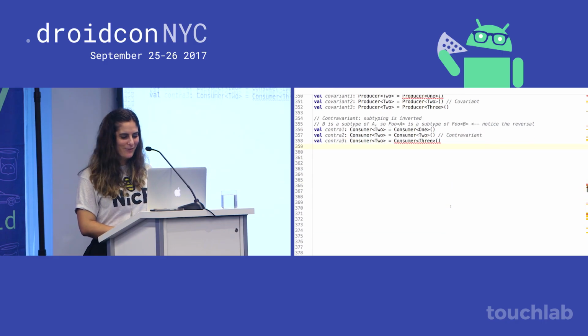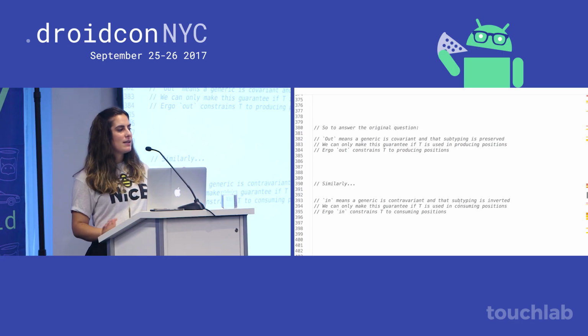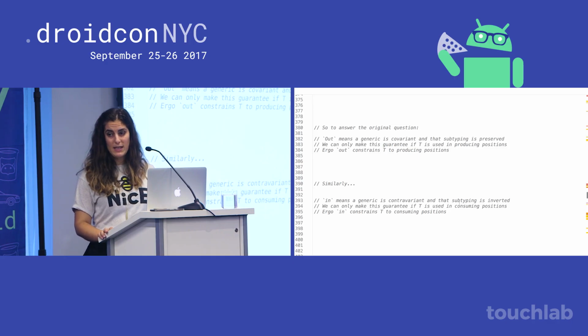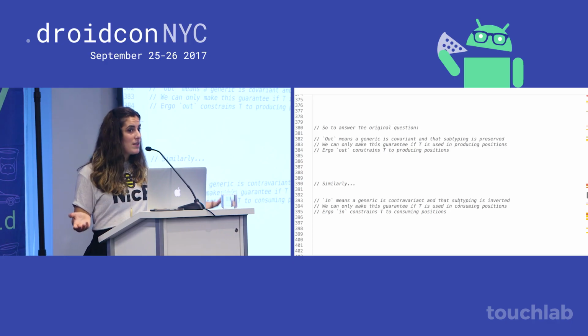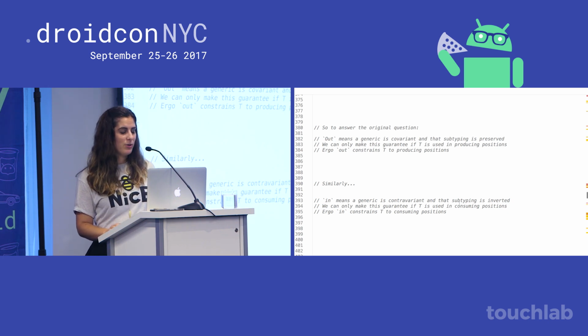Okay, we made it through variance. So to go back and answer the question that I asked myself: what does out mean? Out means that a generic is covariant and that its subtyping is maintained. We can only do that if it's constrained to certain positions, and if you want to know more about that, there are books about it.